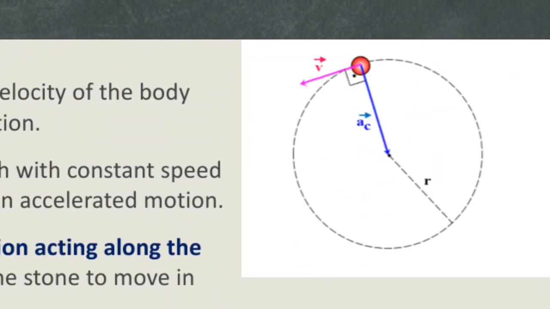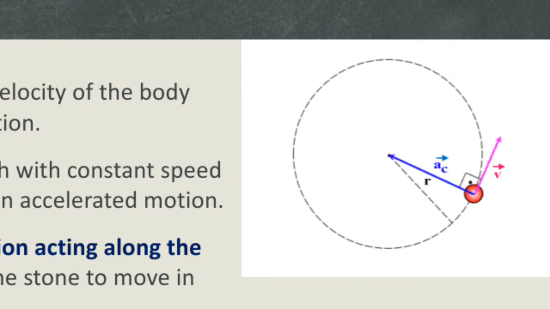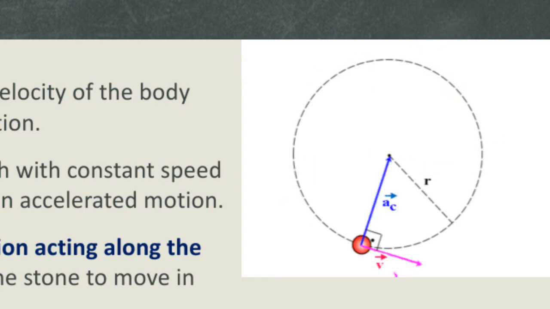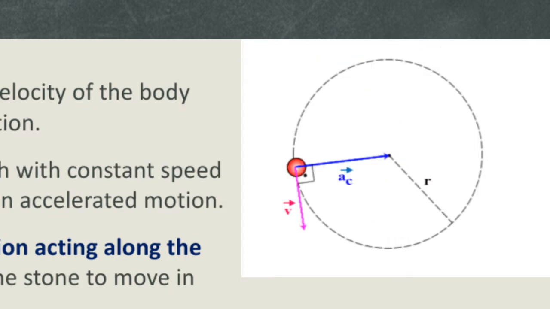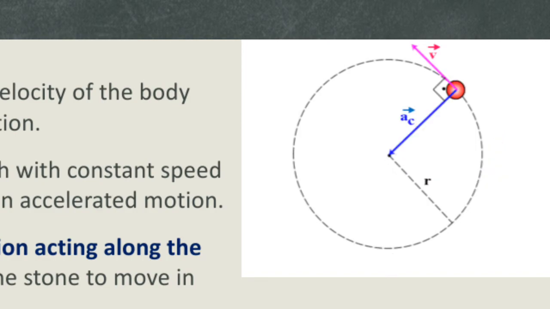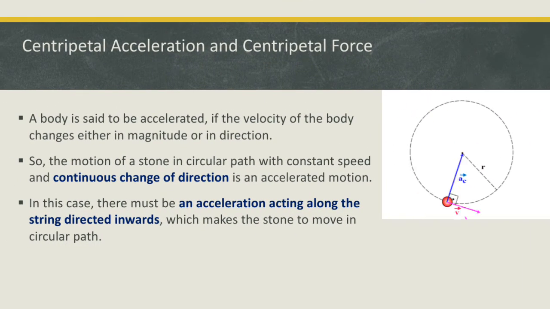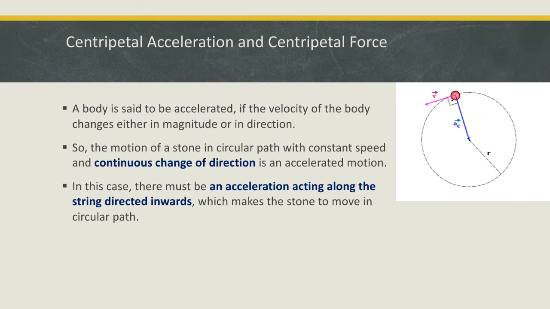It is represented by AC. So the acceleration in this case will always be inwards towards the center, because of which the stone will always be moving in the circular path.